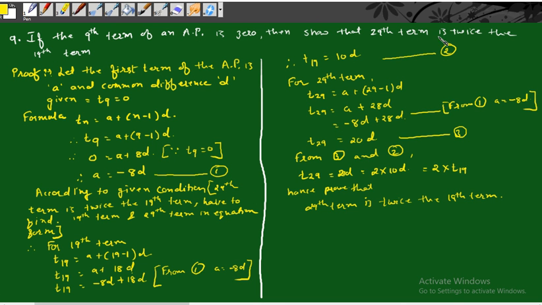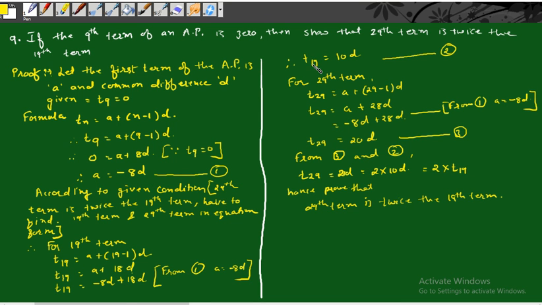So we will first find the 19th term. For the 19th term I'll get T19 is equal to A plus 19 minus 1 D. So T19 is equal to A plus 18D. We will put the value of A, that is minus 8D, from 1.